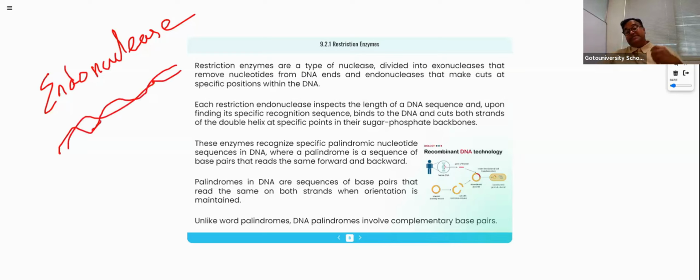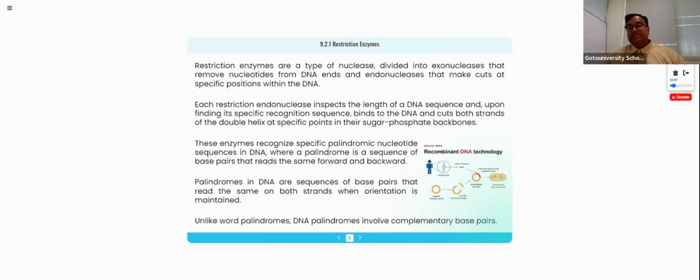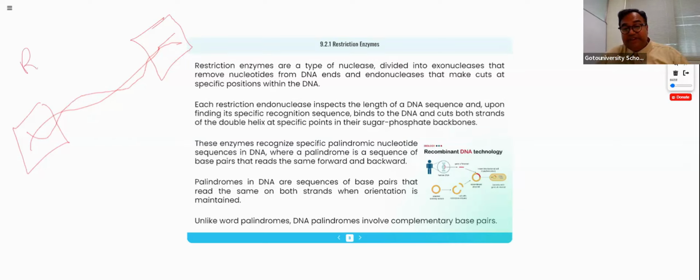Whereas restriction exonuclease breaks the restriction site present exactly at the end of the double-stranded DNA. Whatever restriction site is present at the end of the DNA is broken by restriction exonuclease enzyme.